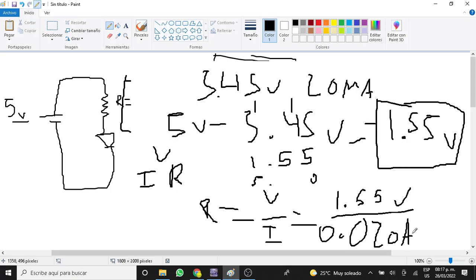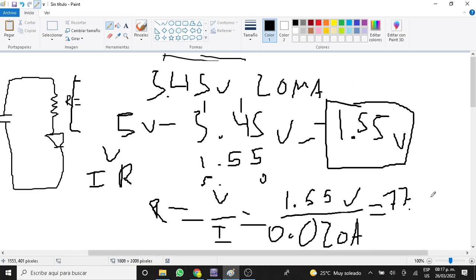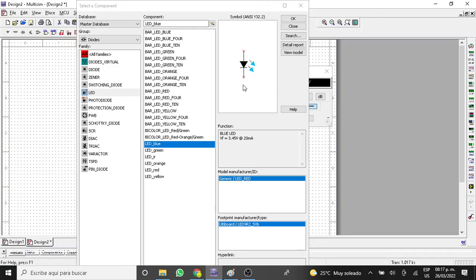Okay, and this is the resistance, the value of the resistor for this LED.